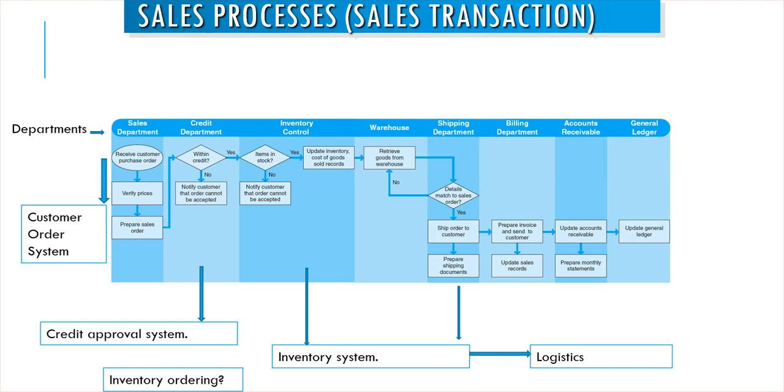Now we get to the inventory. Do we have it? And do we have it in stock or do we not have it in stock? And this is again simplified here because if we don't have it in stock, you'd probably go back to the customer and say, we don't have it available for shipping today. It will not be shipped till such and such a date.